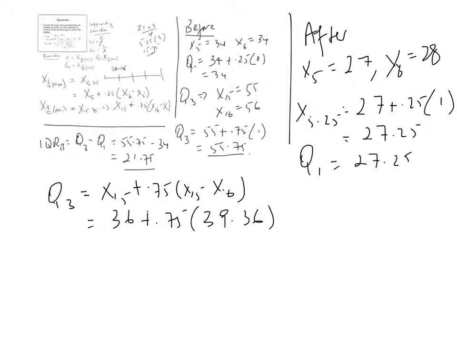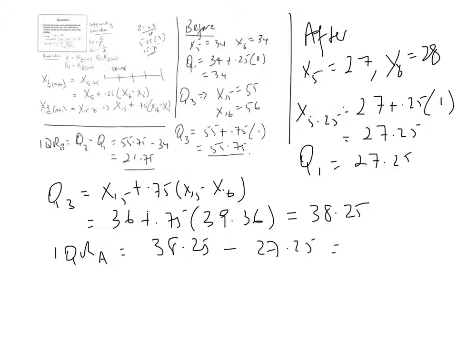Alright. So 36, what's 3/4 of 3? That's 3 times 3 is 9 over 4. 9 over 4 is 2.25. So that'll be 38.25, if I've got this right. A little mental math doesn't hurt. Prevents brain atrophy. And so now that I have Q3 and I have Q1, IQR after is 38.25 minus 27.25.